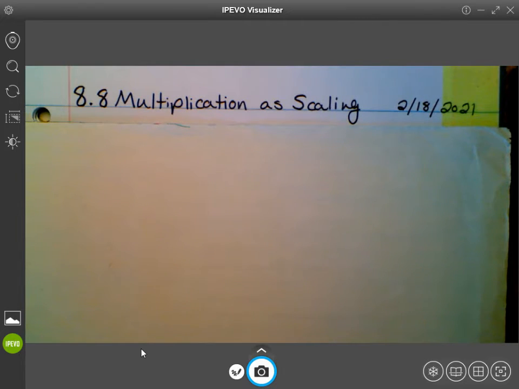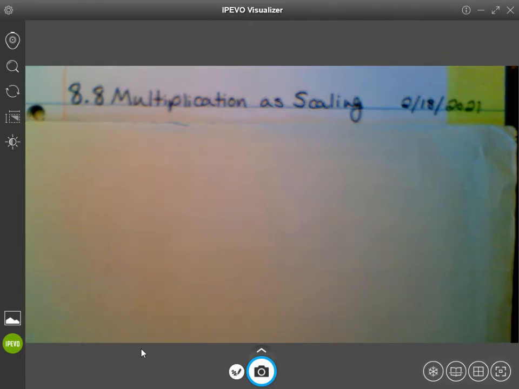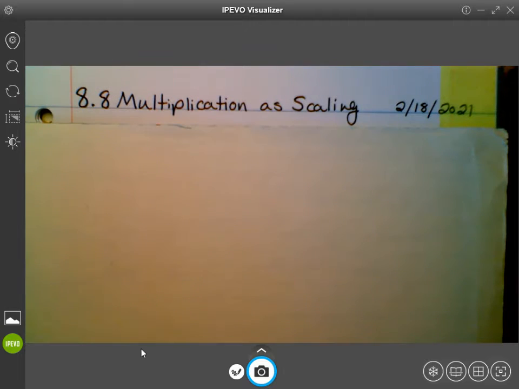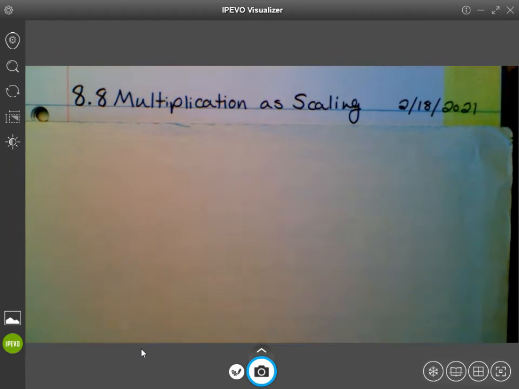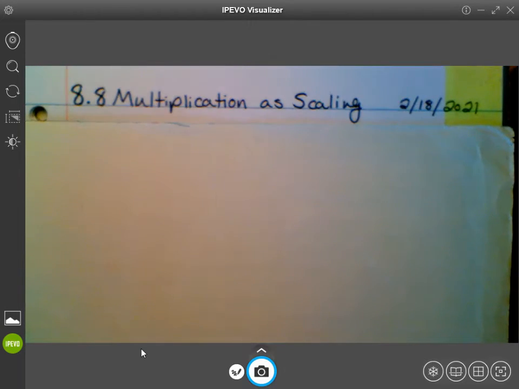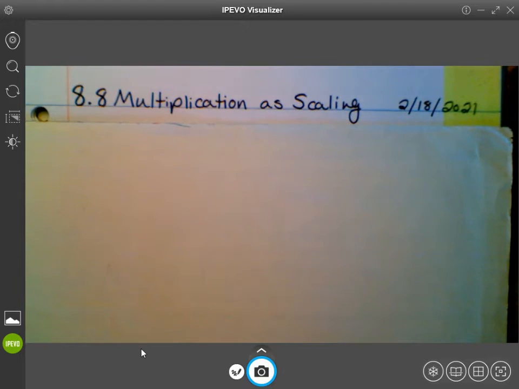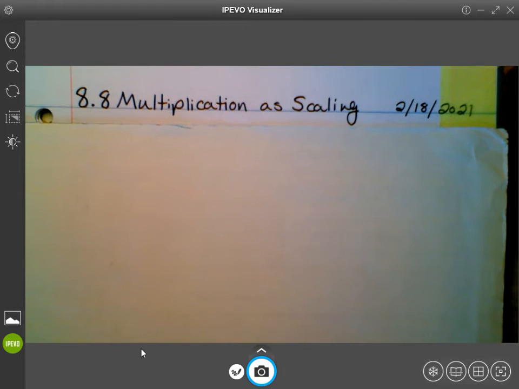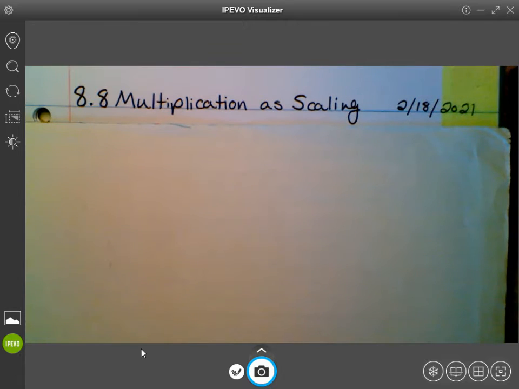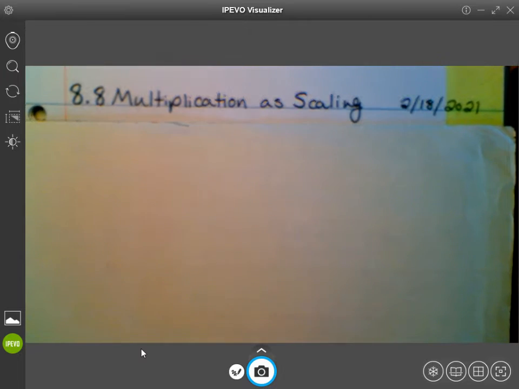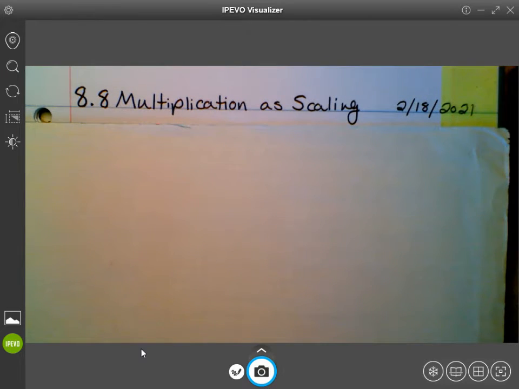So 8.8 Multiplication as Scaling. So like I said, today what this is all about is us looking at a multiplication problem that has either two mixed numbers, two fractions, or a mixed number and a fraction, and being able to tell if the answer, or let me back up.